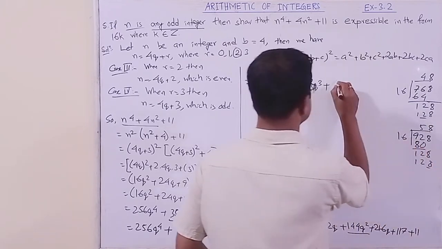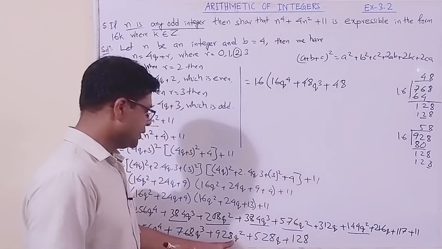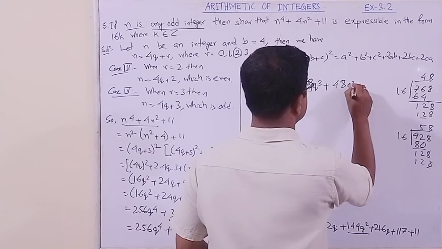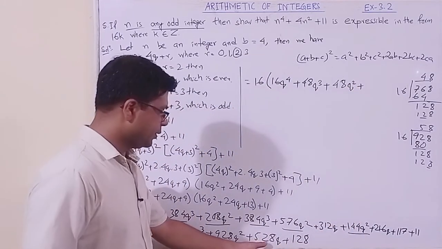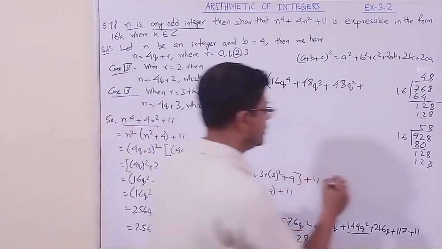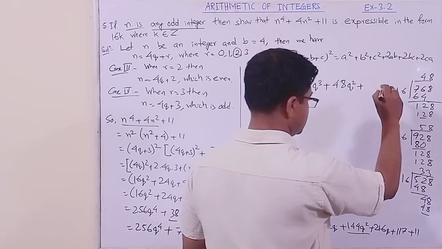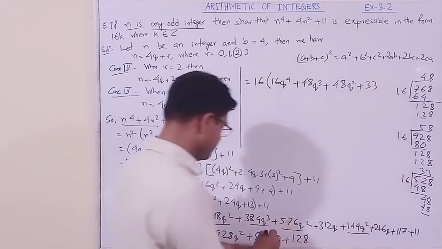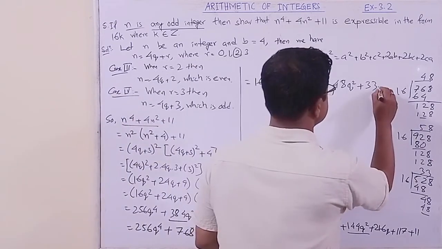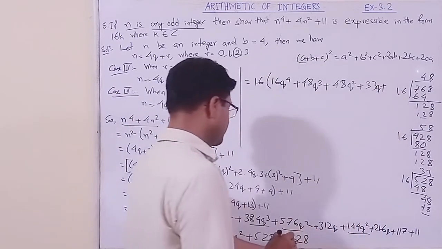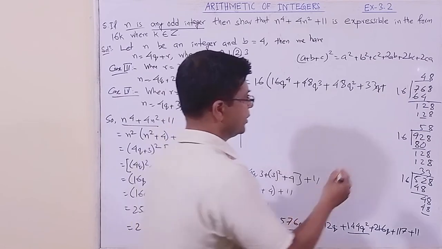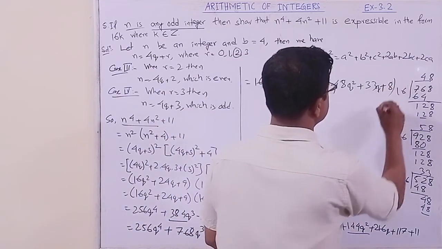From 928 it is 58. So this is 58 q square, plus 528. We want to take 16 common, so this is 33 q, plus from 128 we want to take 16 common, obviously it is 8.